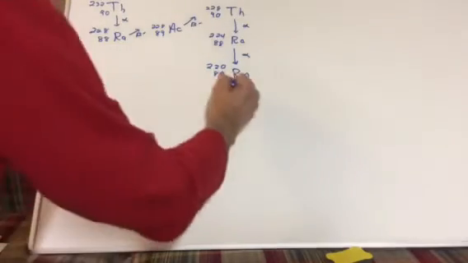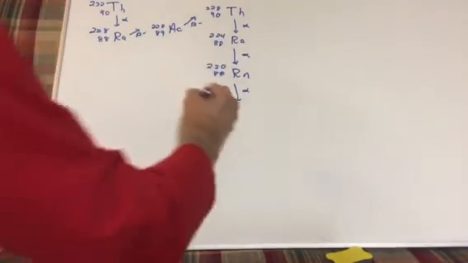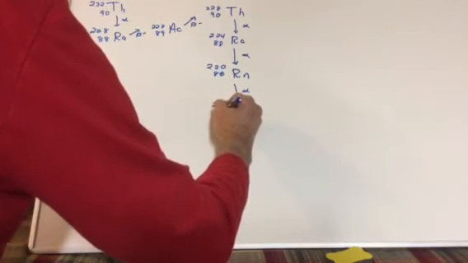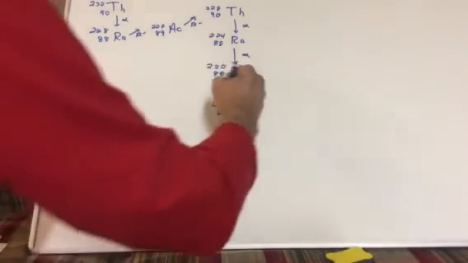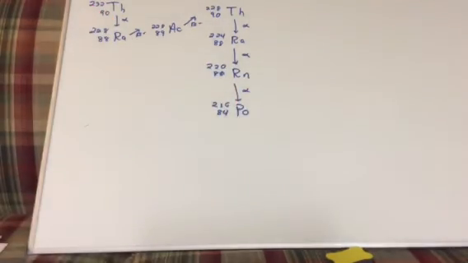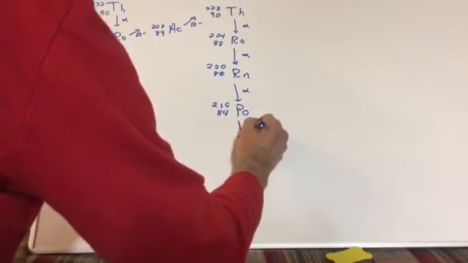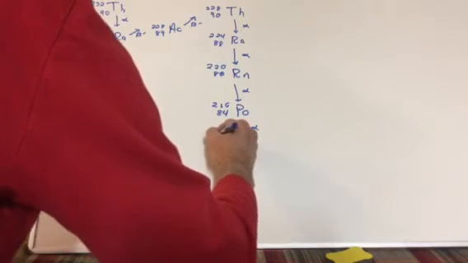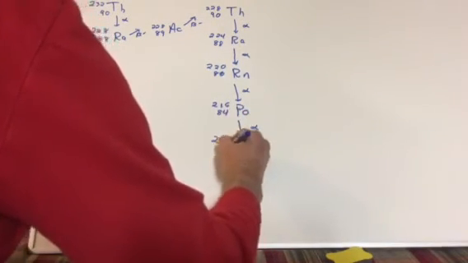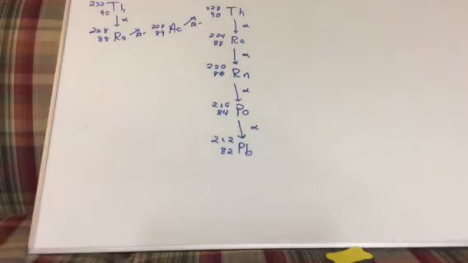Radon goes through an alpha particle emission, which gives us 216 and 84, and that is polonium. Then polonium also goes through an alpha, which now gives us 212 and 82, and we see that that is lead.